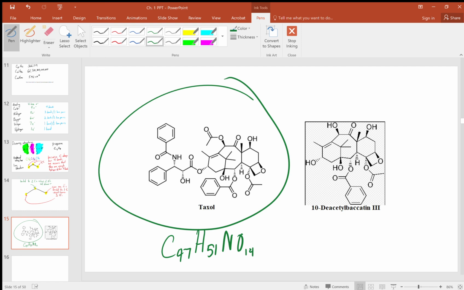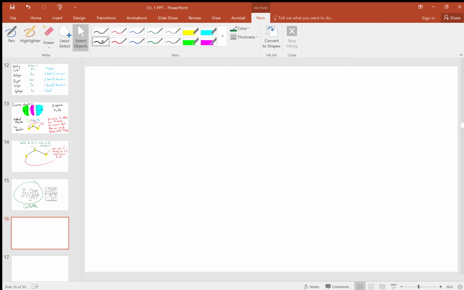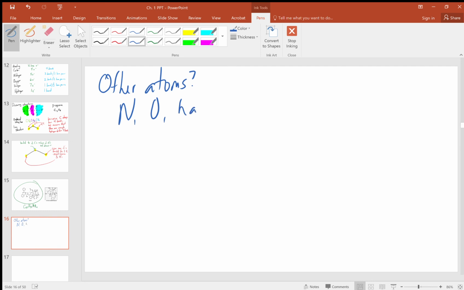What about other atoms, for example nitrogen or oxygen or halogens? Those are actually pretty easy. Just draw them in, like you normally would.